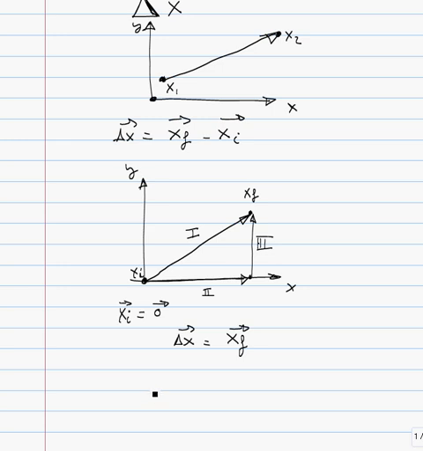Therefore the displacement 2 plus the displacement 3 is exactly the same as my displacement 1. Why? Because I started in both cases from xi and ended up in x final. Similarly for path 1, I started at xi and I ended at x final.